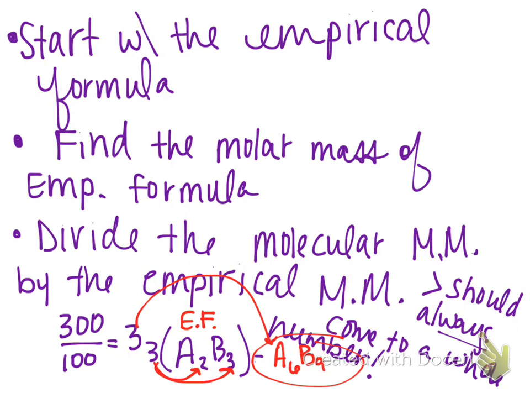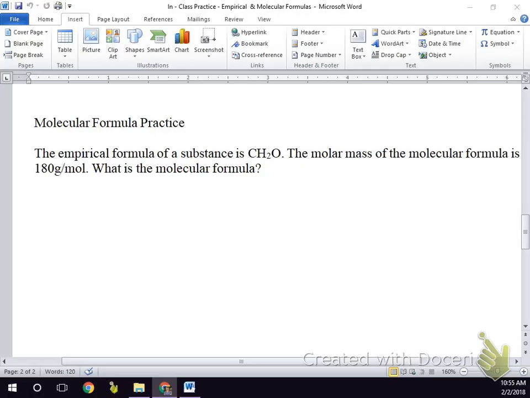Okay, so get out that in-class handout that I gave you last time, and we're going to use the backside today for some molecular formula practice. That's just the one I handed to you last class. All right, it tells us that our empirical formula is CH2O, so it already gave us our empirical formula. It did most of the work for us. Once we have our empirical formula, the rest of the process is extremely simple.